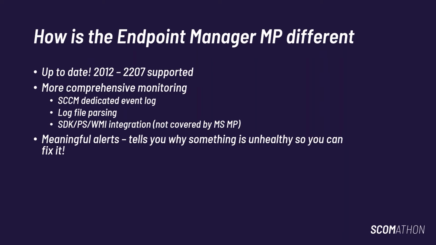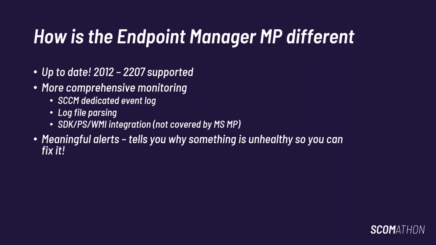Just to reiterate again, this is more going into understanding exactly what is wrong with certain parts of SCCM. So for example, if we had issues with, let's say, a management point and clients couldn't talk to it, that's one of the things you'd want to know straight off the rip.